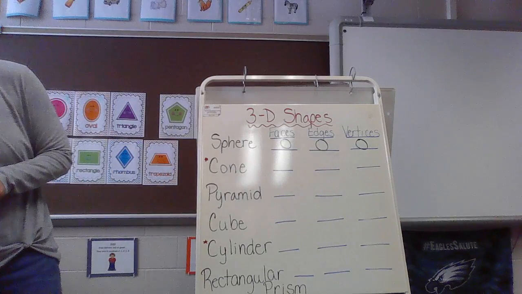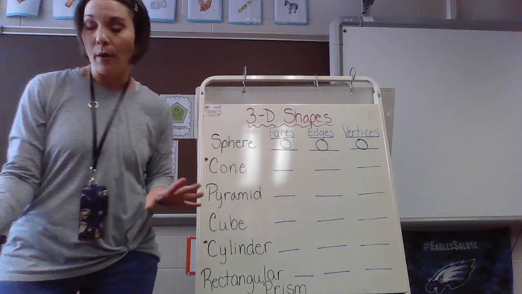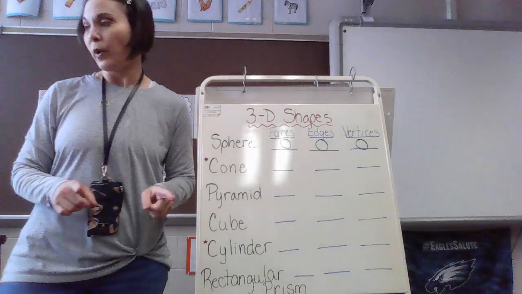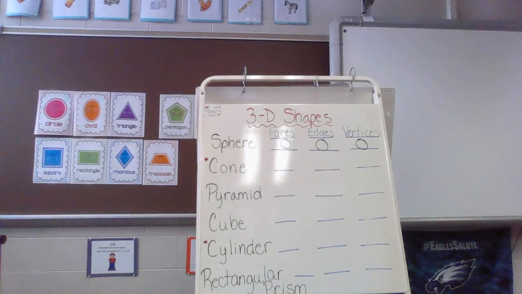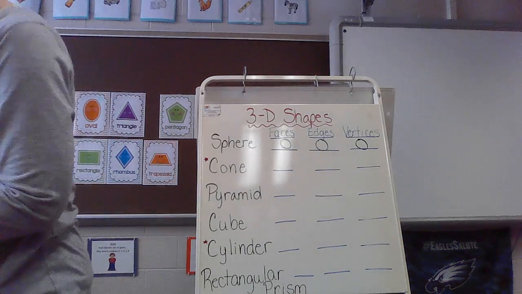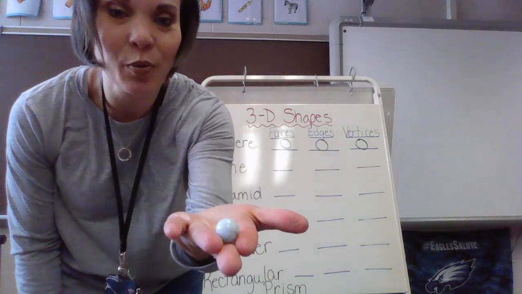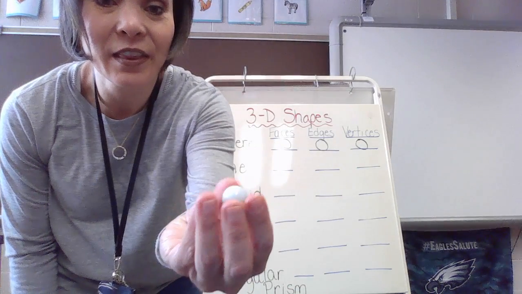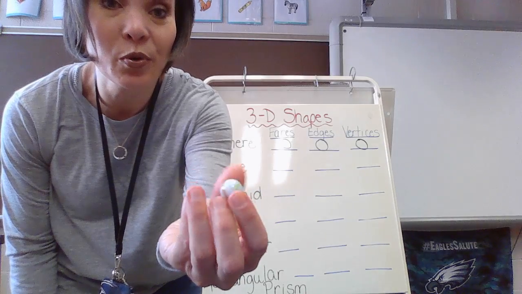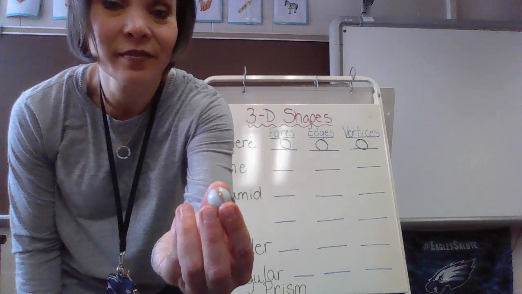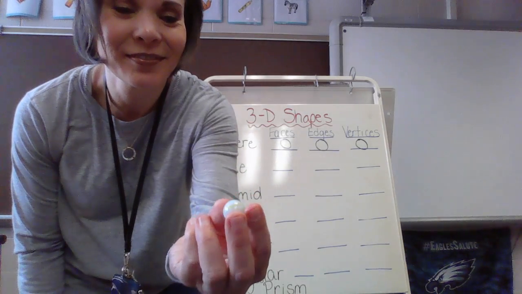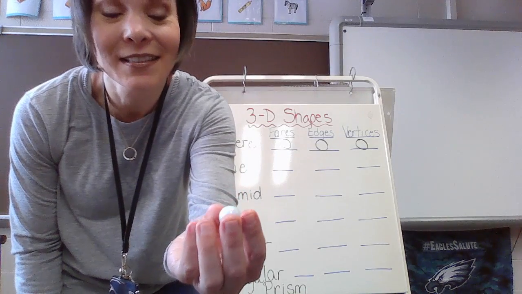So let's keep on going. I also want to show you real life objects that are spheres. The first one I'm going to show you is actually really small, and you could play with them. They're hard, but very smooth to the touch. It's a marble. They could come in all different kinds of designs.